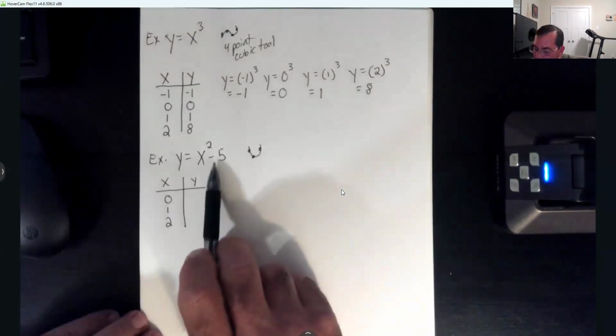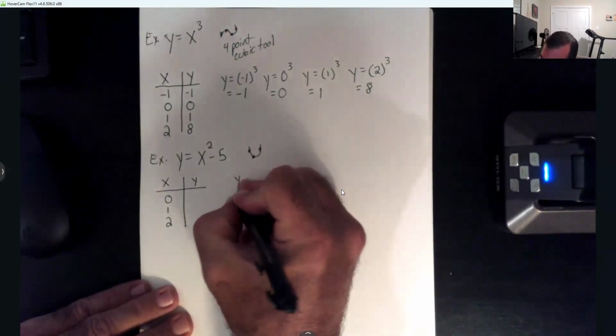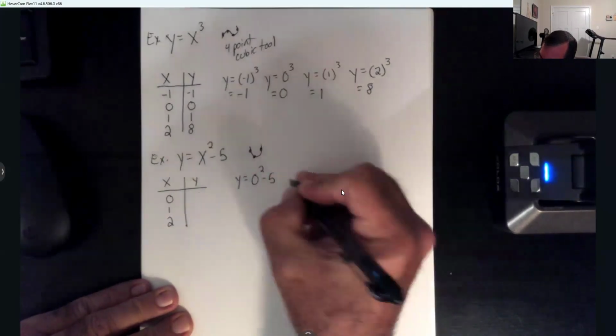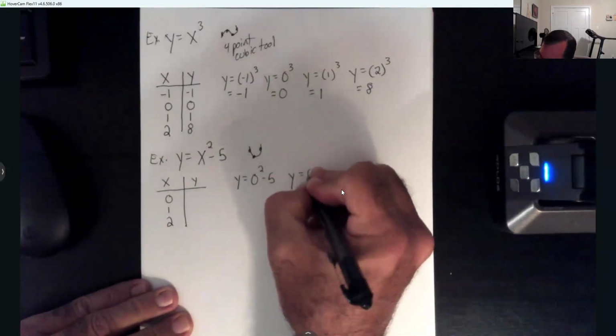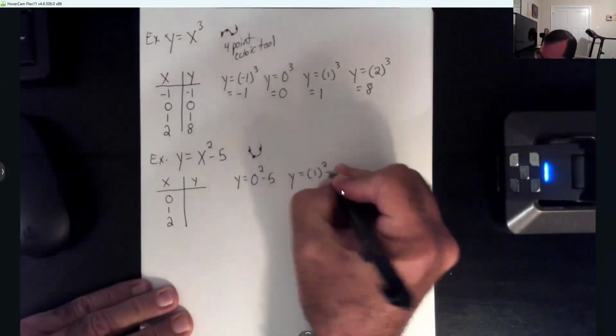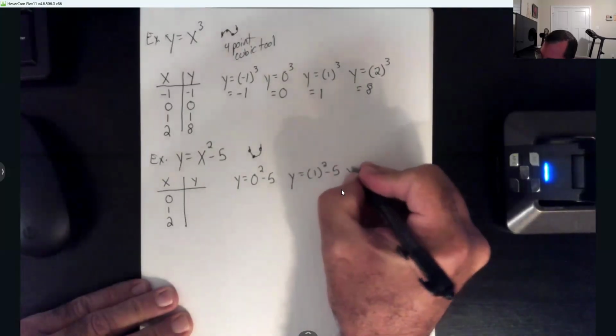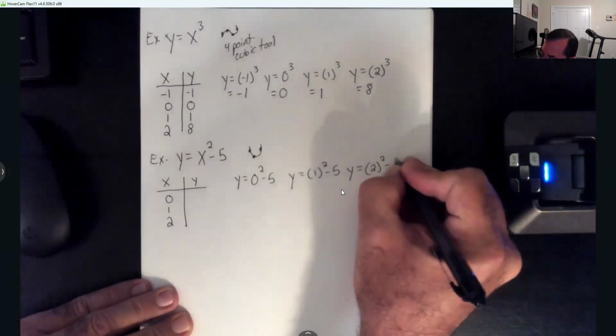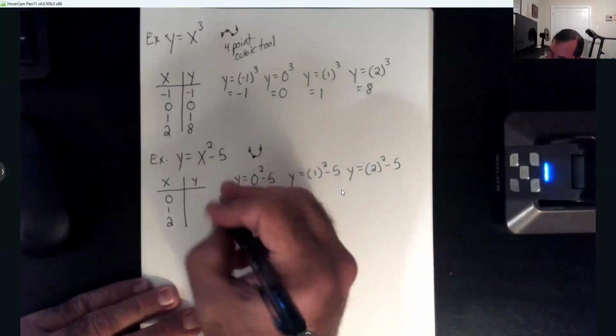So let's see what we get for these y values. So I got 0 squared minus 5. I'm going to have 1 squared minus 5. And then I'll have a 2 squared minus 5.